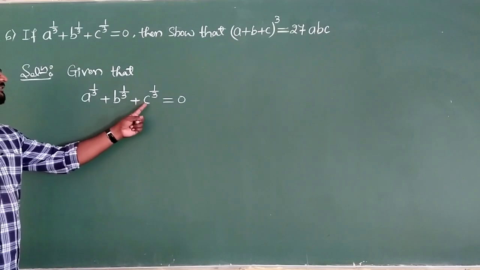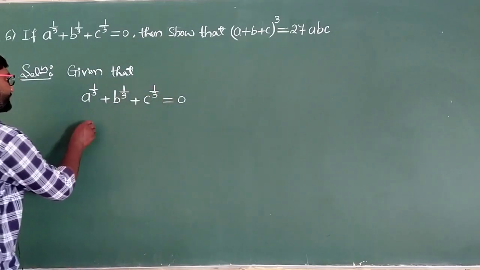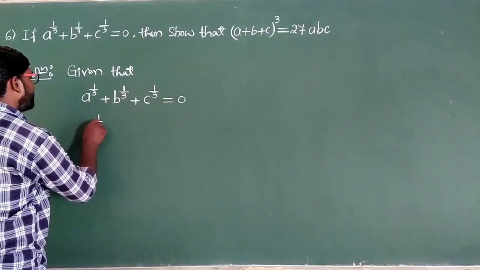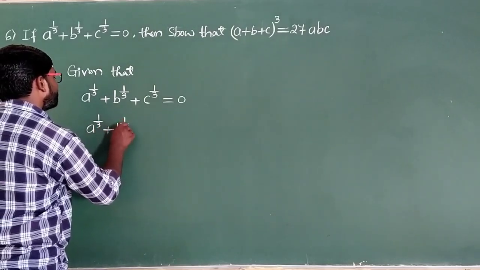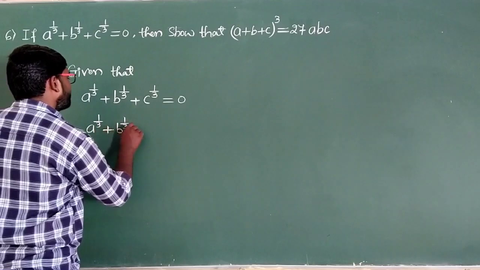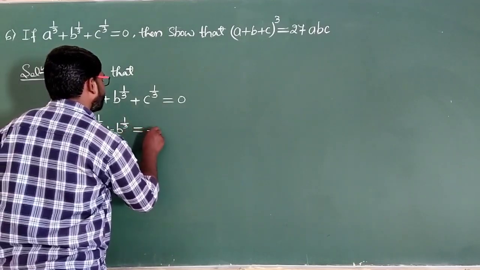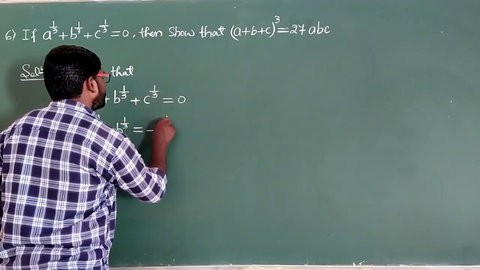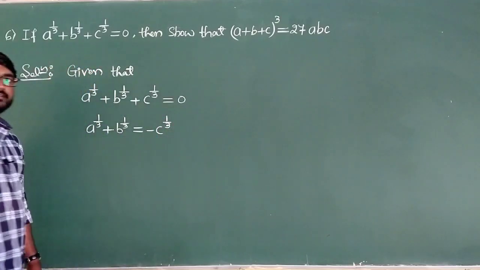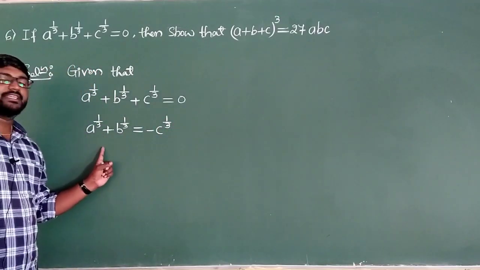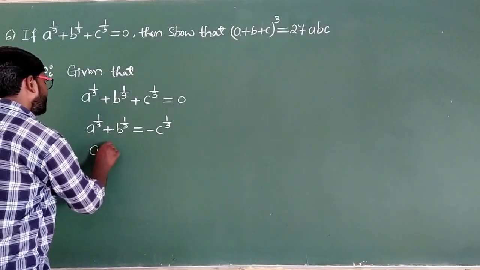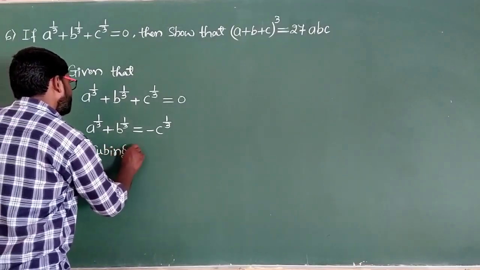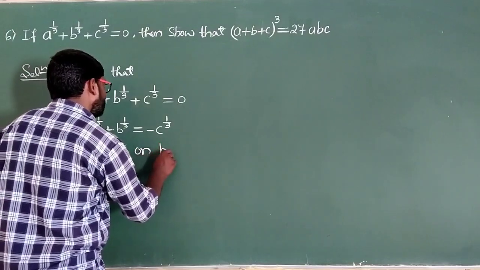Now I take this term to the RHS. a raised to 1 by 3 plus b raised to 1 by 3 equals minus c to the power 1 by 3. Let us go for cubing on both sides.